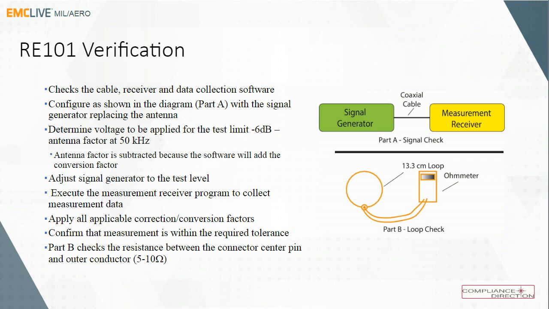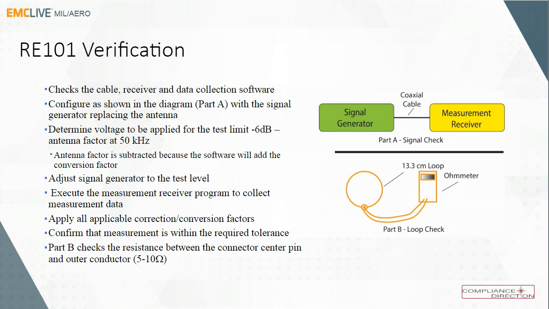So now when I come up with my voltage to be applied, I need to also subtract the antenna factor minus 6 dB to arrive at a test level. And because the software thinks the antenna is there, it's going to add that antenna correction factor, or conversion factor, and apply it, so we'll suddenly be way out of range if we didn't account for it on our injected signal.